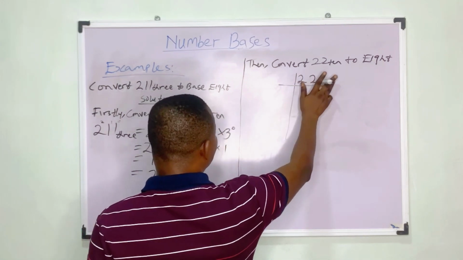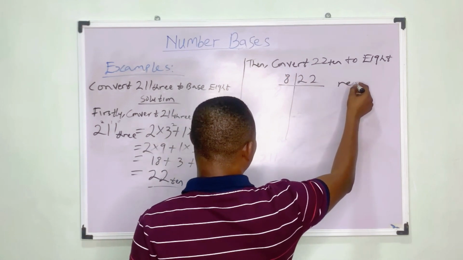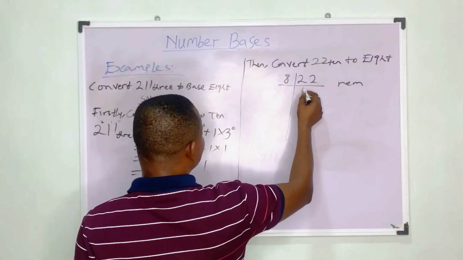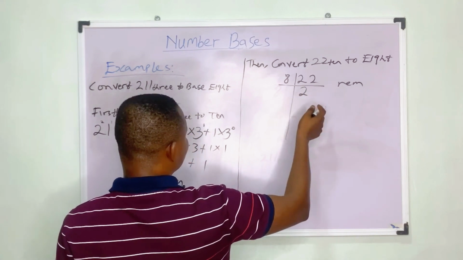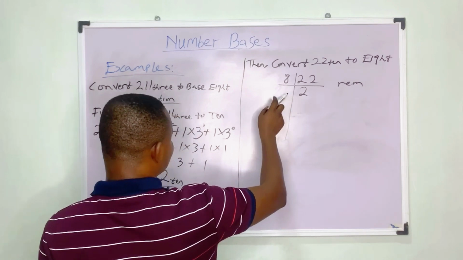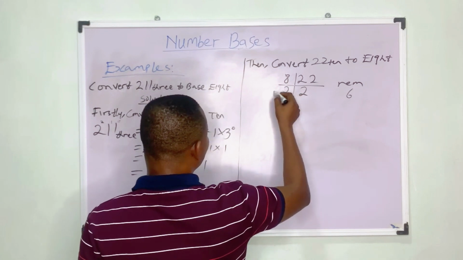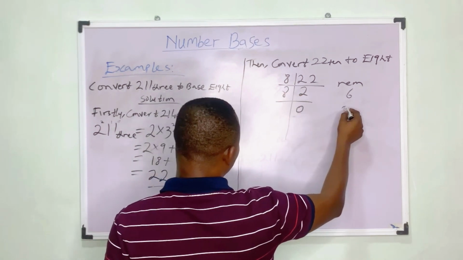You divide this number by the destination base, which is 8. Then you record your remainder here. 22 divided by 8, that is what? 2. 2 remainder what? Remainder 6, because 8 times 2, that is 16. 22 minus 16 will give you 6. And 2 divided by 8, that's impossible. It's 0, then remainder 2.